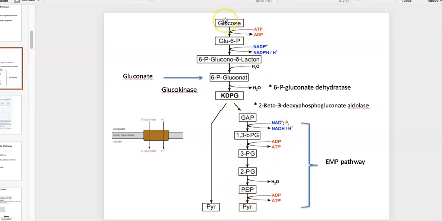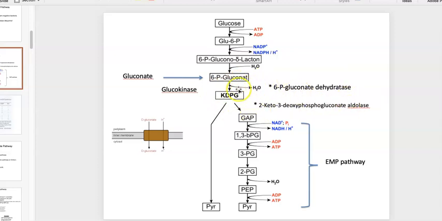And so again, glucose is phosphorylated to glucose 6-phosphate, and then oxidized to 6-phosphogluconolactone, and then there's a hydration step, and then a dehydration step to make 6-phosphogluconate, and then this intermediate KDPG, which is keto-deoxyphosphogluconate, is cleaved by this aldolase.